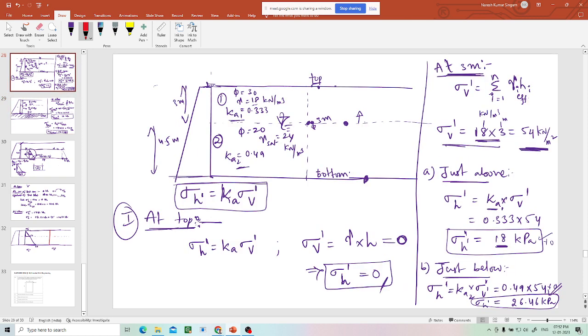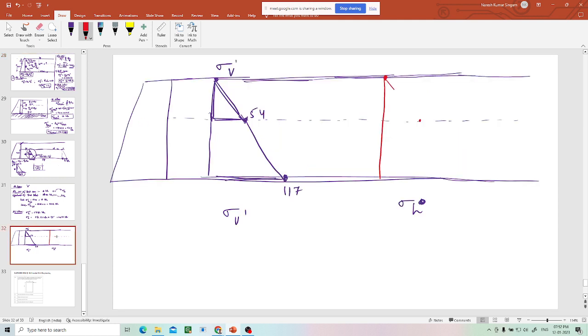Just above, 18, just below, 26.46. So first it is 18. At the same depth, what is happening? From 18 to 26.46, it is changing. It is kPa actually. It is changing from here to here at that depth only due to the change in the parameters.